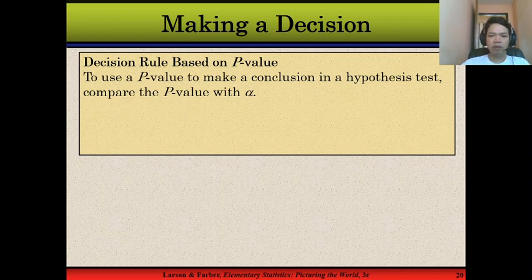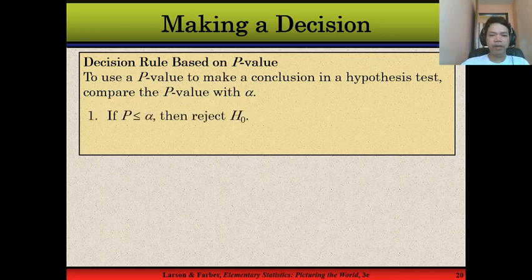To use a p-value to make a conclusion in a hypothesis test, compare the p-value with alpha. Sino ulit 'to alpha? Yung alpha natin, yung level of significance. Ano yung mga level of significance na na-identify natin kanina? Di ba yung commonly used ay yung 0.10, 0.05, saka yung 0.01.